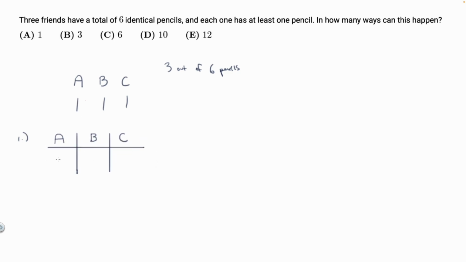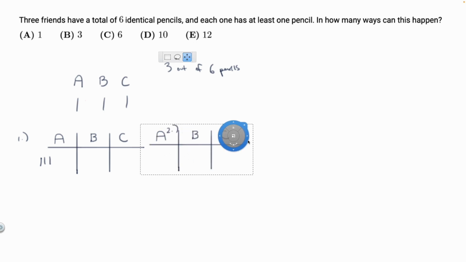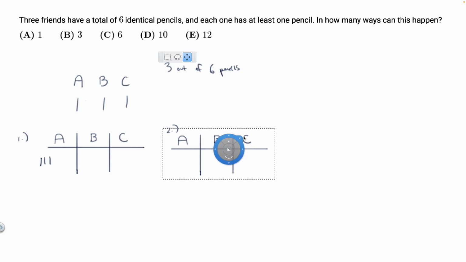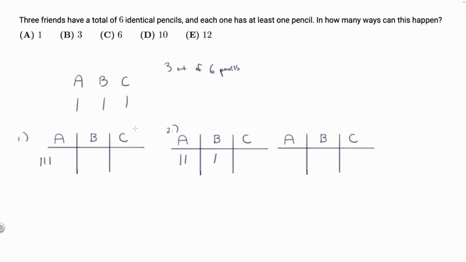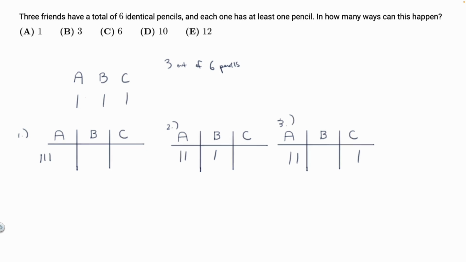And this time we're going to give all 3 of those pencils to person number A. And then for case 2, we're going to do 2 pencils to A, 1 to B. Case 3, we're going to do 2 pencils to A and 1 to C. And then for case 4, we're going to continue this process. And this time we're going to put 1 pencil to A and 2 pencils to B. And we're going to keep doing this.